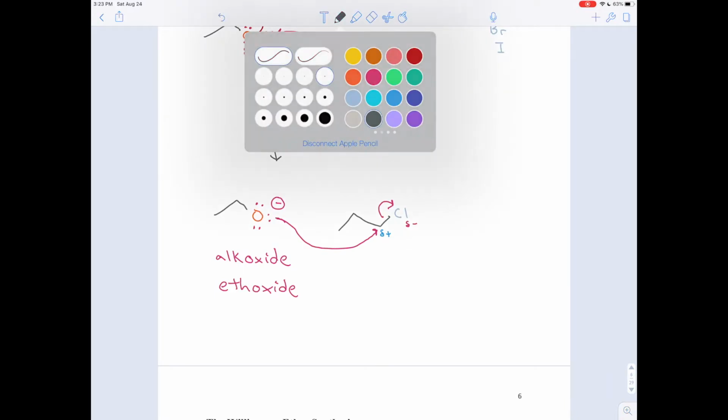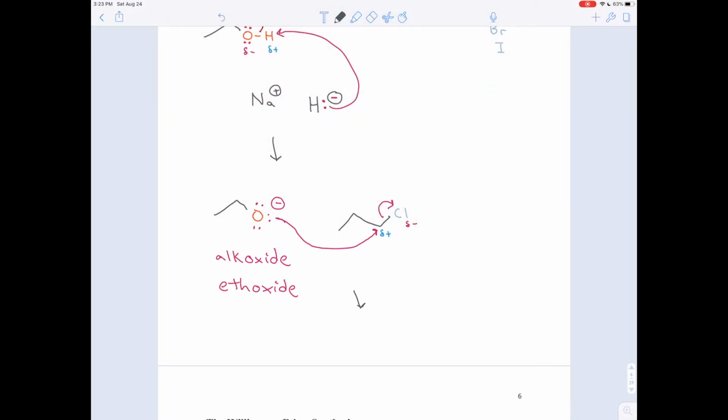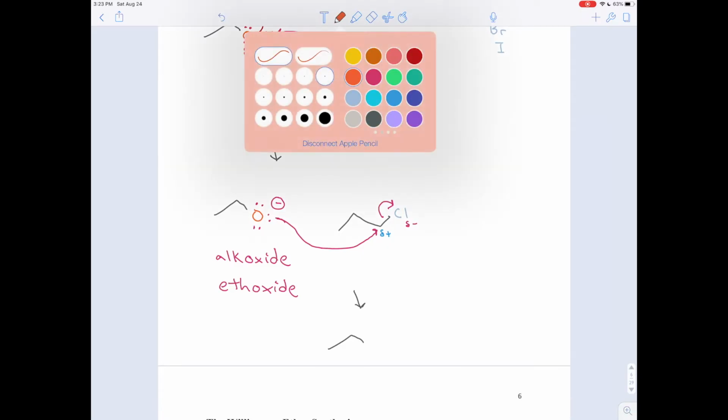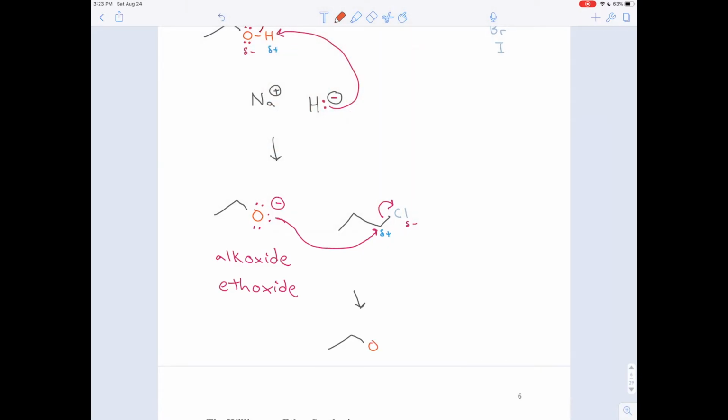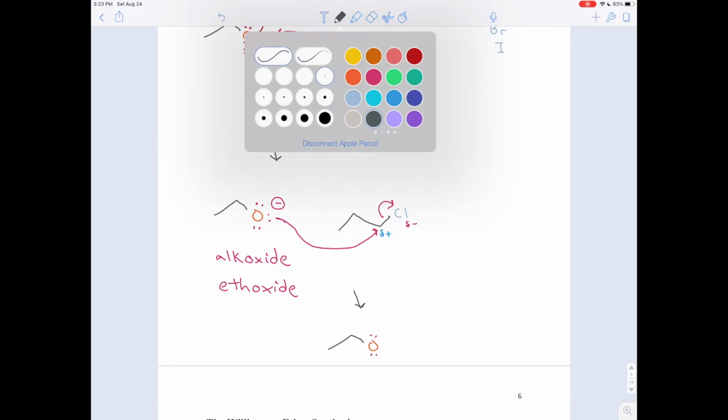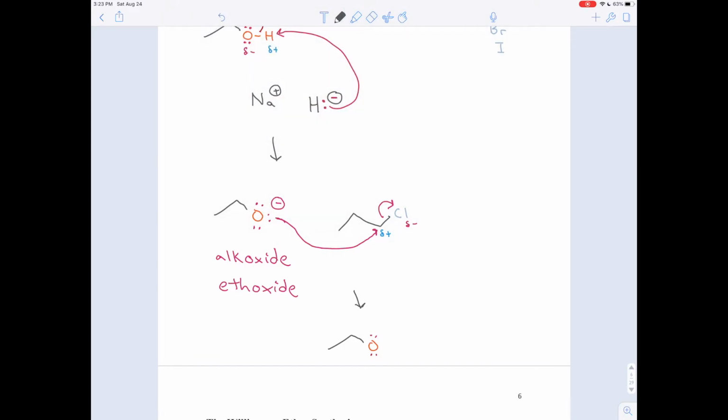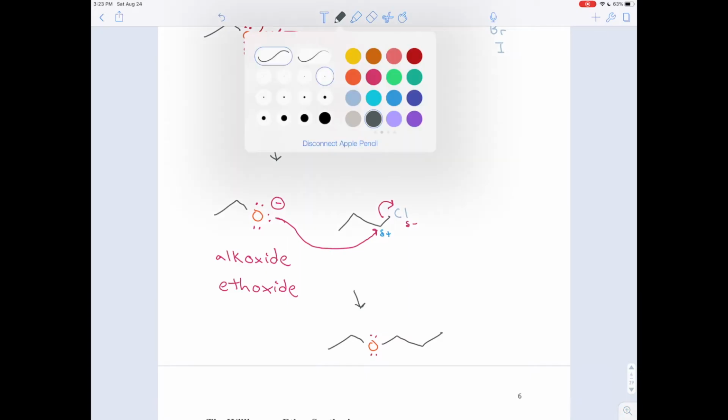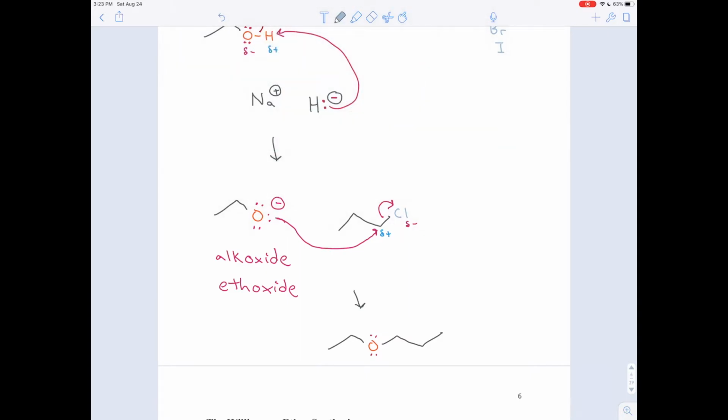And so you would be left with those 2 carbon chains attached to the oxygen, and then chlorine would be on its own somewhere else.